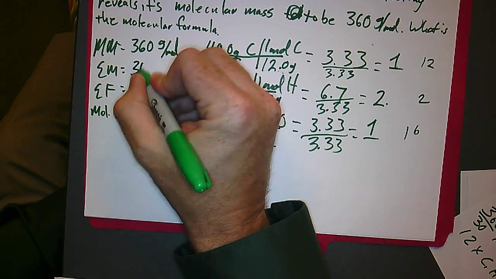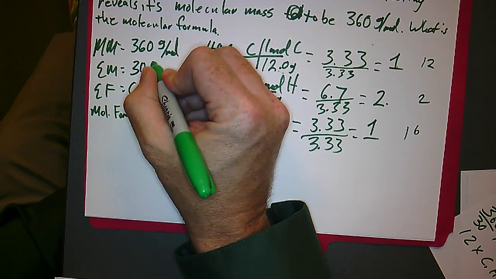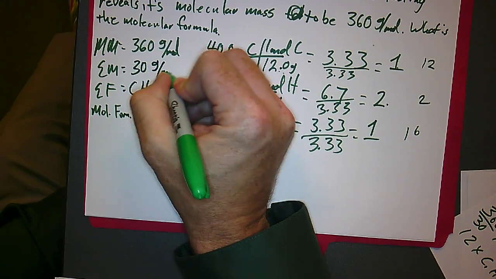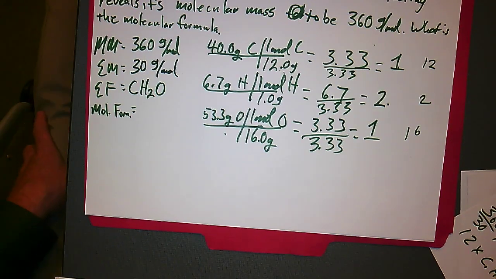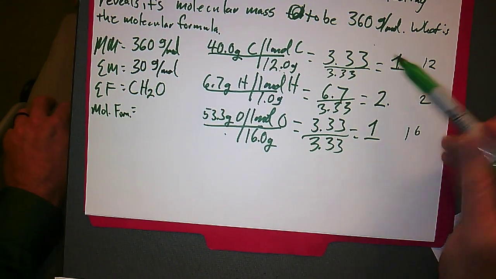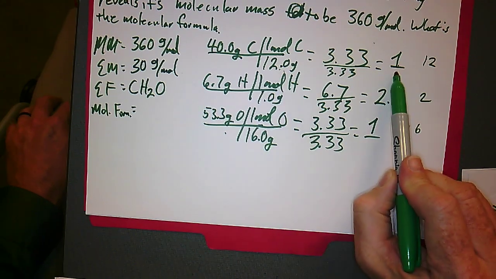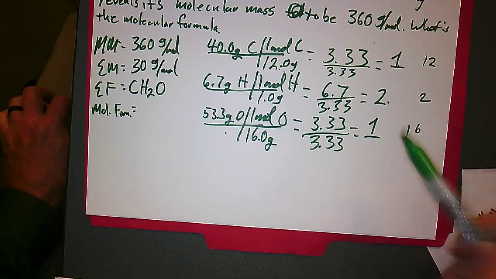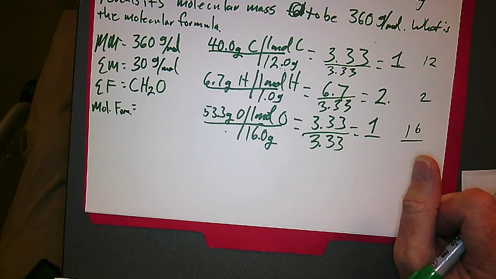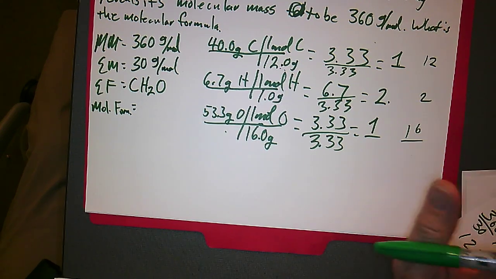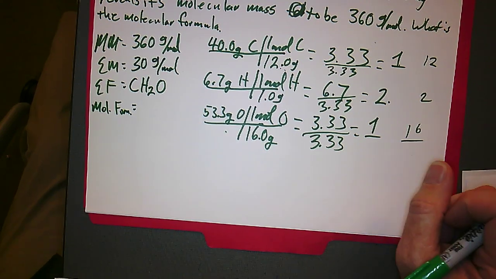So our empirical mass is 30 grams per mole. I just used what we already had set up, multiplied it out, and made it easier instead of rewriting it. If you want to rewrite it, go ahead. That's not going to hurt you.